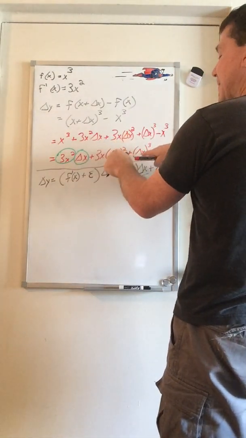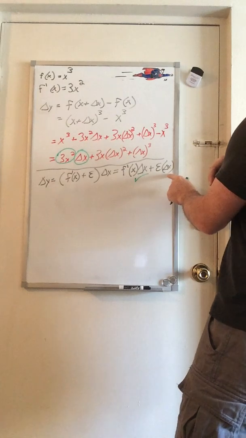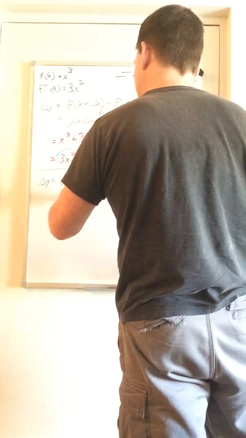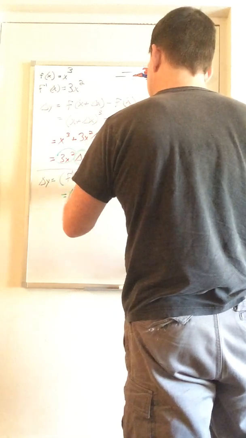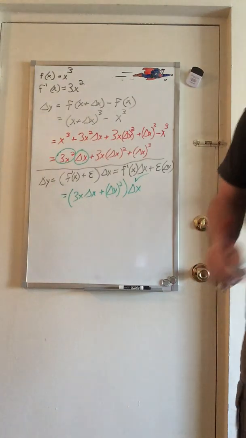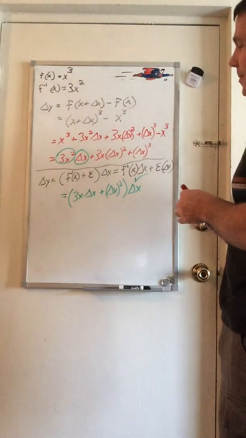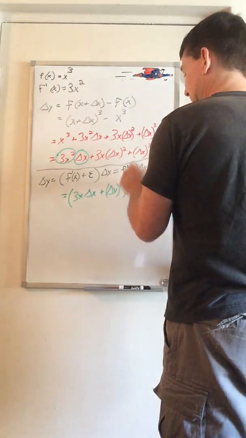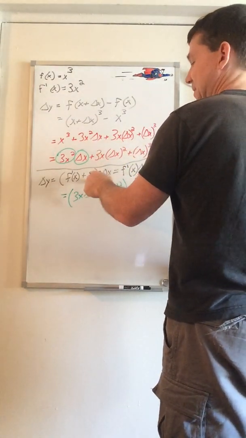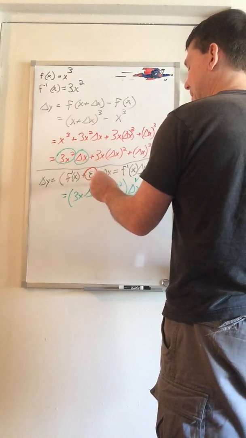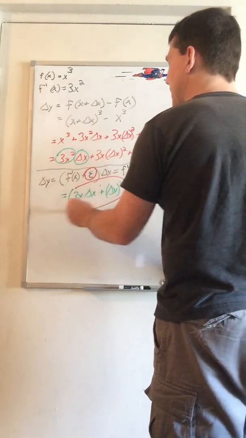Here, I can factor out a delta x, and I get 3x delta x plus delta x squared, times delta x. Now, for the purposes of this, this is my delta x, my definition right here. So my epsilon function, my error, is all of this right here.